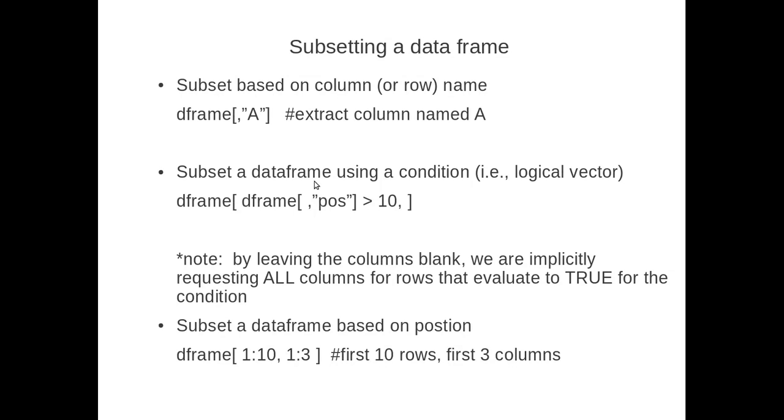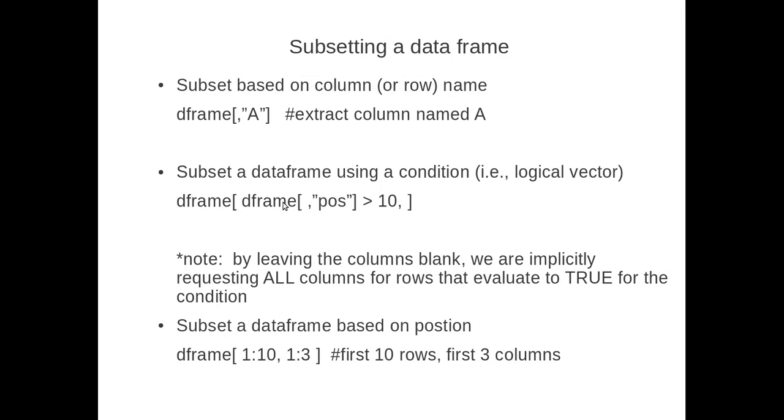Notice here that this is extracting a column. Let's break it down. Inside the brackets, we are extracting a column just like here, except a column like position. But we're extracting based upon a conditional operation which returns a logical vector, as I showed you in the previous slide.